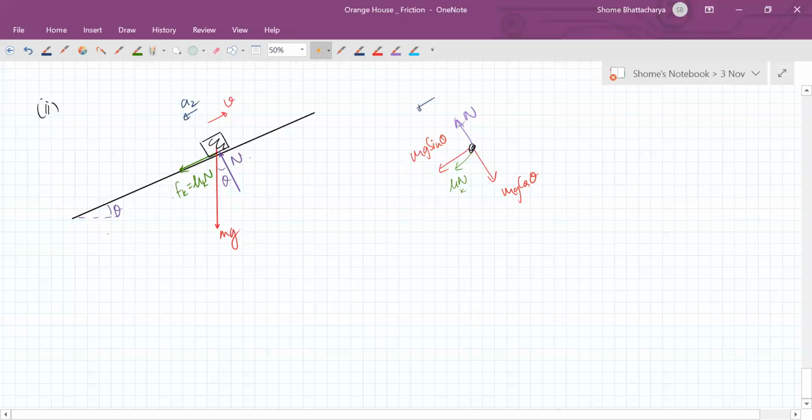This all together is creating a deceleration of a2 on this axis. So you have mg sine theta plus kinetic friction equal to mass into this deceleration.